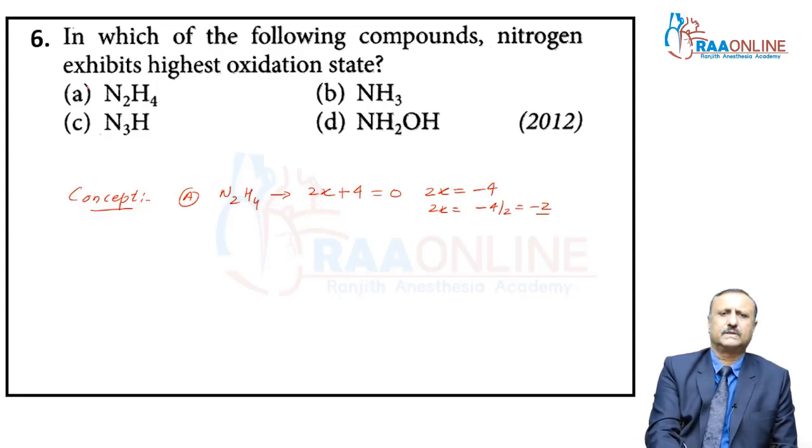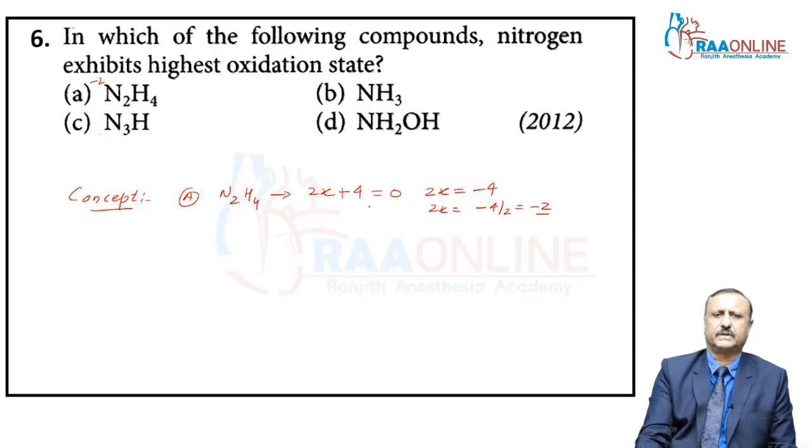Here you get the minus 2 oxidation state. Now we determine the oxidation state of nitrogen in ammonia: x plus 3 equals 0, so x equals minus 3.